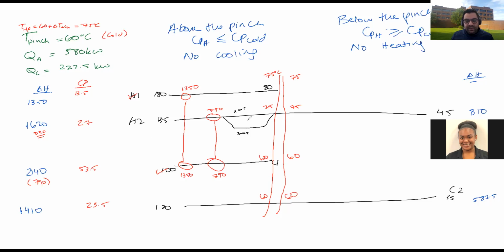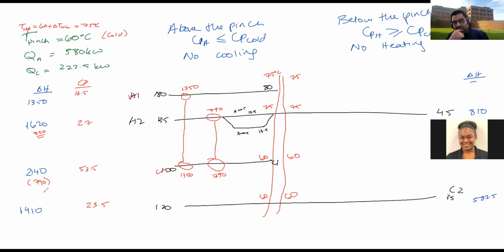This means that the CP in this stream is actually 13.5 and the CP in this stream is 13.5, right? So I just split the stream. This way I lowered the heat capacity flow rate in each of the arms of the split. And by doing so, I'm allowing energy to be transferred to this other stream, okay?